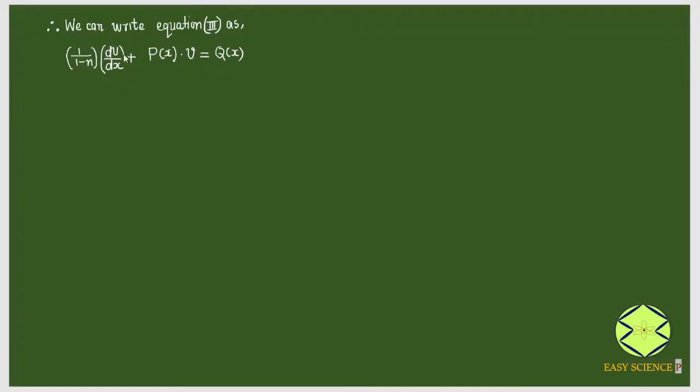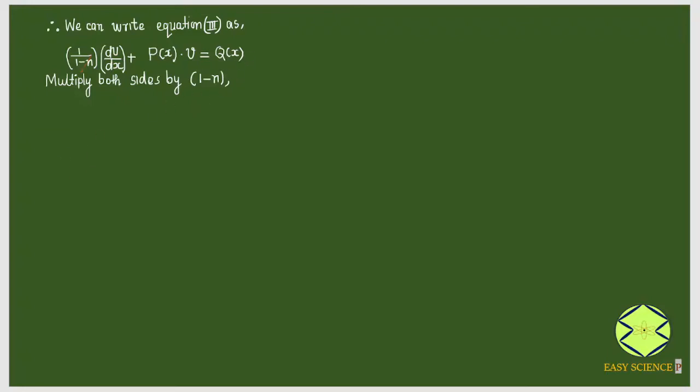So we will remove 1 upon 1 minus n from here. Simply we'll multiply both sides by 1 minus n. From here 1 minus n gets cancelled out, and 1 minus n will multiply with p of x and also with q of x.